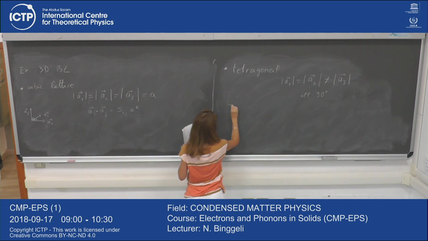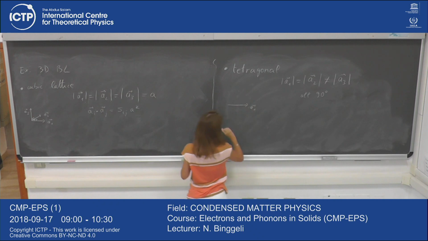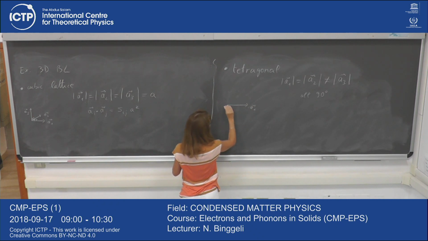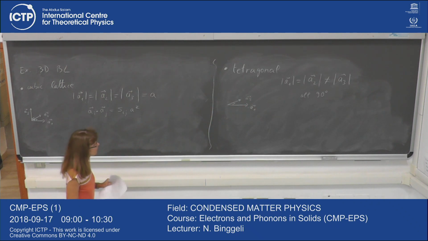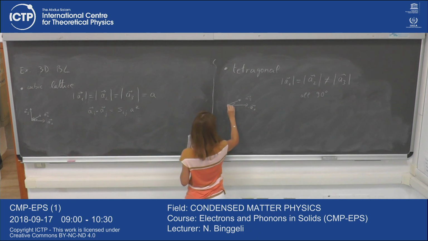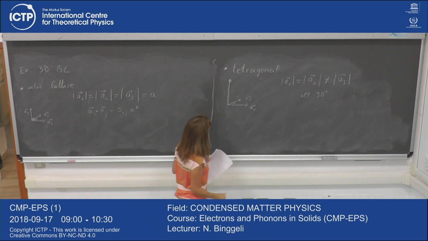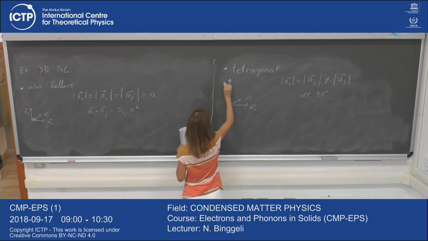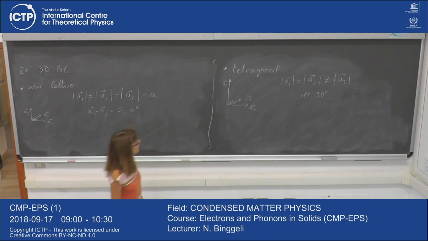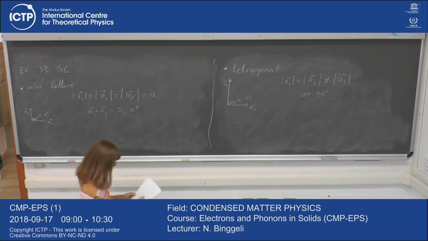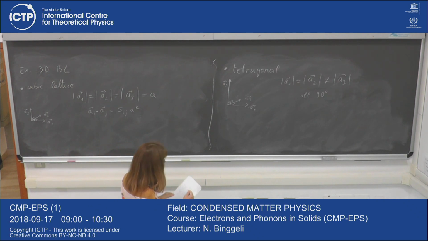So my vector a1 is perpendicular to the vector a2, and a2 has the same length as a1. a3 is perpendicular to a1 and to a2, but has a different length. So this is called a tetragonal lattice.